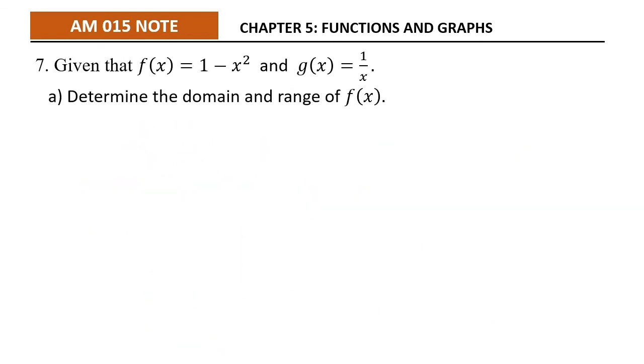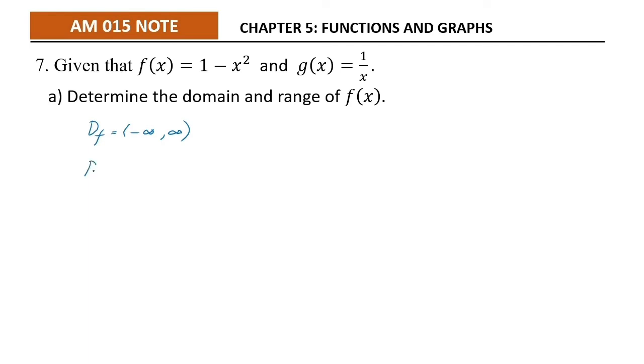Last example, given that f(x) equal to 1 minus x squared and g(x) equal to 1 over x. Determine the domain and range of f(x). For function f(x), 1 minus x squared means this is a quadratic function. The domain for a quadratic function is any value for x. x is x squared, so x can take values from negative infinity to infinity.